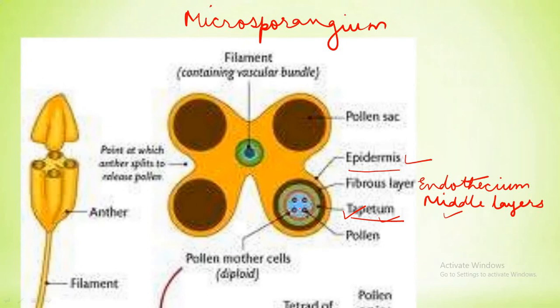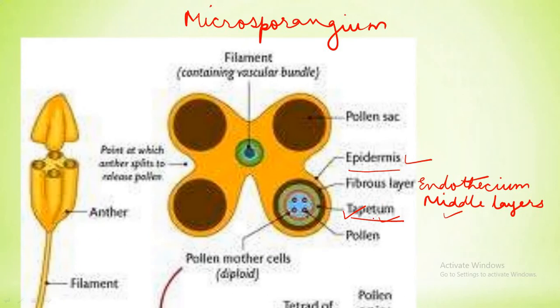In the center of the microsporangium, there are sporogenous tissues. We will be studying them in more detail after a few minutes. These sporogenous tissues later get converted into microspores, or pollen grains. The developing pollen grains get nourishment from the tapetum layer.